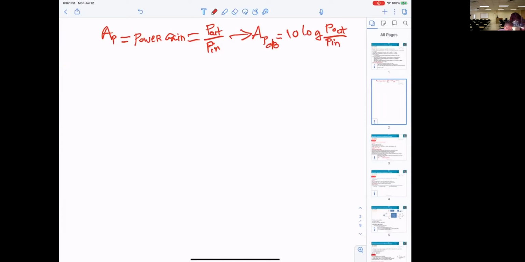Now, if I give you P out 5 watt and P in 2 watt, I want you to tell me what AP equals and what AP in dB equals. Do that calculation for me.